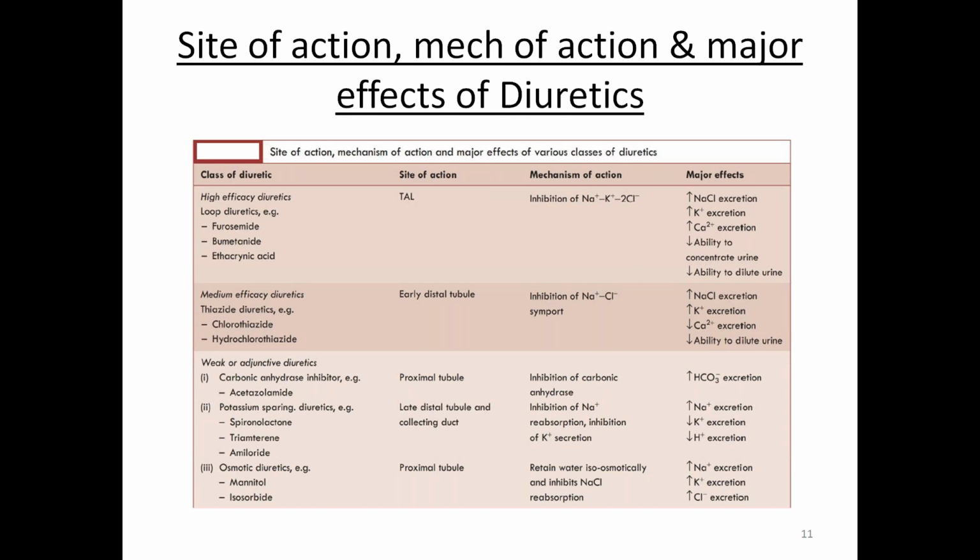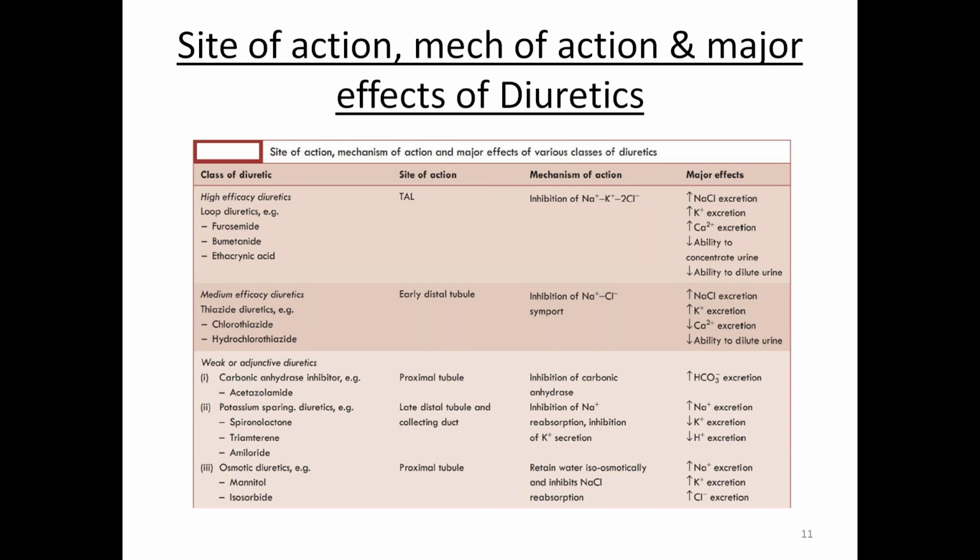Then your weak or adjunctive diuretics. So for medium efficacy, thiazide diuretics, chlorothiazide is a common one that we hear often about. In case of weak diuretic, carbonic anhydrase inhibitor, very commonly used, acetazolamide, you might have heard it often, acts on the PCT, inhibits carbonic anhydrase and increases bicarbonate excretion.